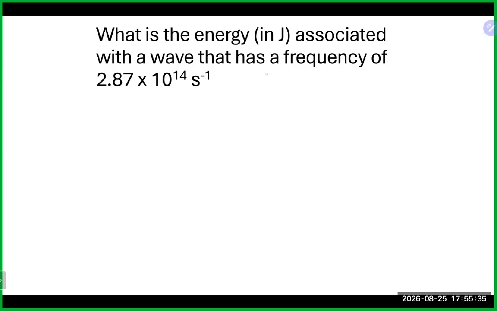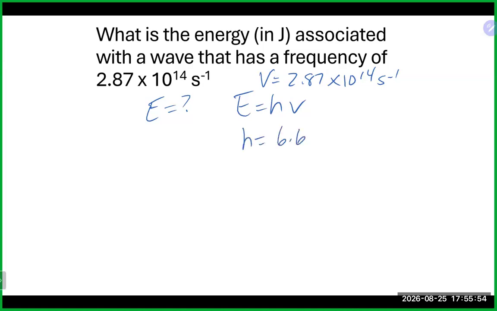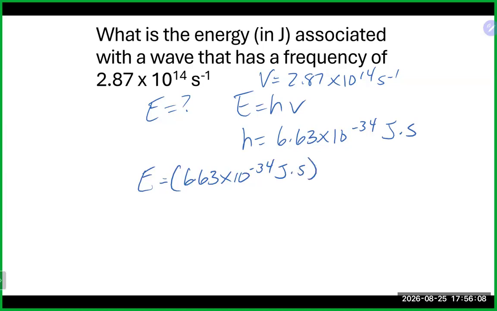In this case, we have a frequency of 2.87 times 10 to the 14 reciprocal seconds, and we are looking for the energy. The equation with the frequency in it would be a good one to use. Remember, h is a constant, Planck's constant, 6.63 times 10 to the minus 34 joules times seconds. So we just plug and chug: 6.63 times 10 to the minus 34 joules times seconds, times our frequency, 2.87 times 10 to the 14 reciprocal seconds.